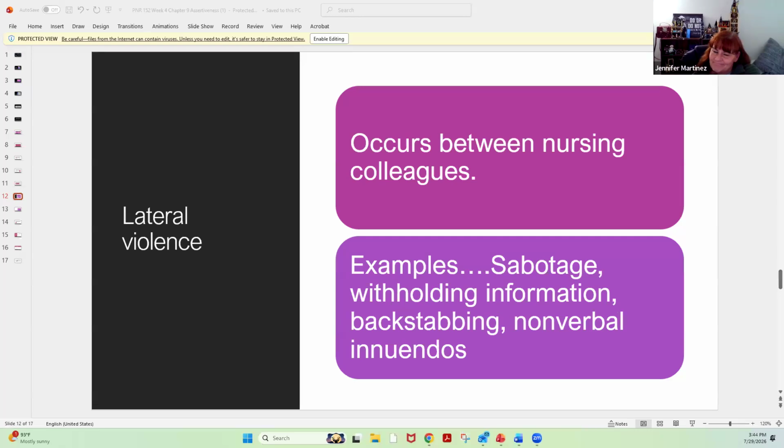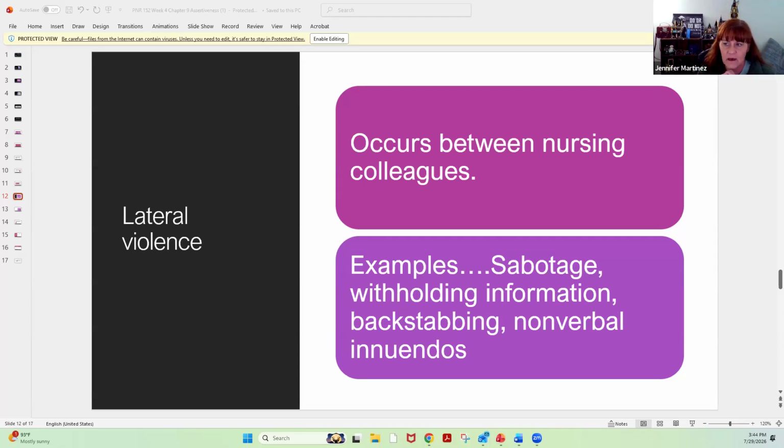Lateral violence. This is another one, and I'm sure everybody has heard the term nurses eat their young. Even back when I was in school, I actually had to write a paper on lateral violence. Lateral violence occurs between nursing colleagues.